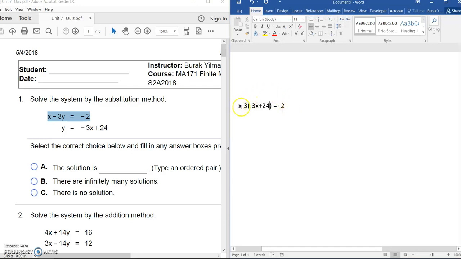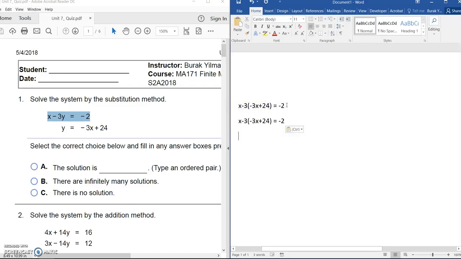So when I do that in this equation, there's no more two variables, we're down to just one variable, which is x. So the first thing we need to do here is distribute this negative 3 over these parentheses, because this is essentially negative 3 times everything inside.